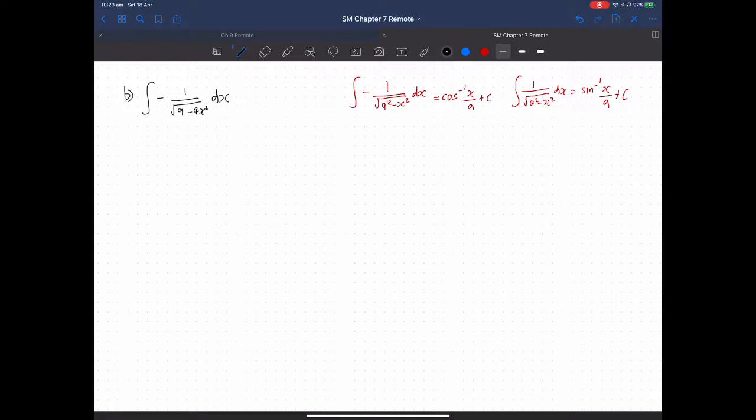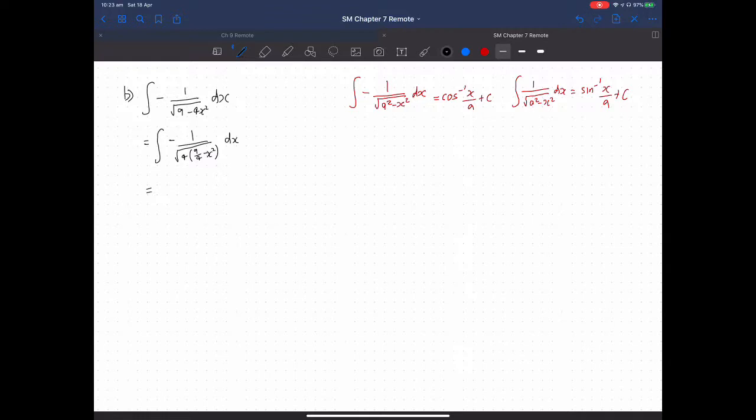So the way to get around that is to take the number 4 out as a factor as follows. Now, if I take the 4 out as a factor, what I'm left with is 4 times 9 on 4 minus x squared on the bottom line within the square root sign.